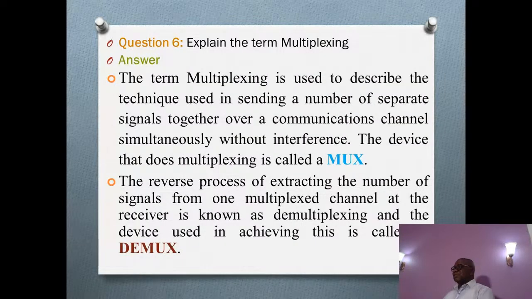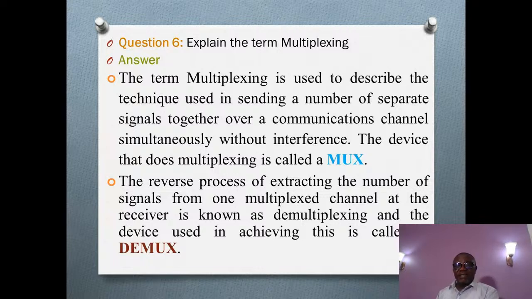Now, question 6: explain the term multiplexing. The term multiplexing is used to describe the technique used in sending a number of separate signals together over a common communication channel, and doing that simultaneously without interference.